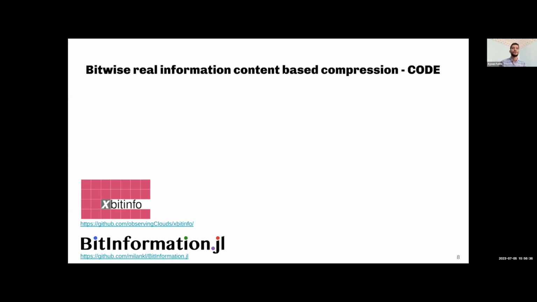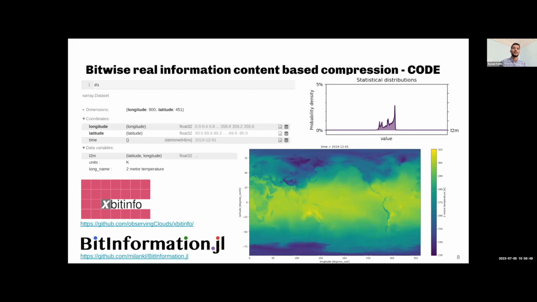And also to note that BitInformation.jl was developed during the Summer of Code edition of the years 2020 and 2021. And the dataset used for this example is the 2-meter temperature in Kelvin from the ERA5 dataset, and you can get it from the Copernicus Climate Data Store.